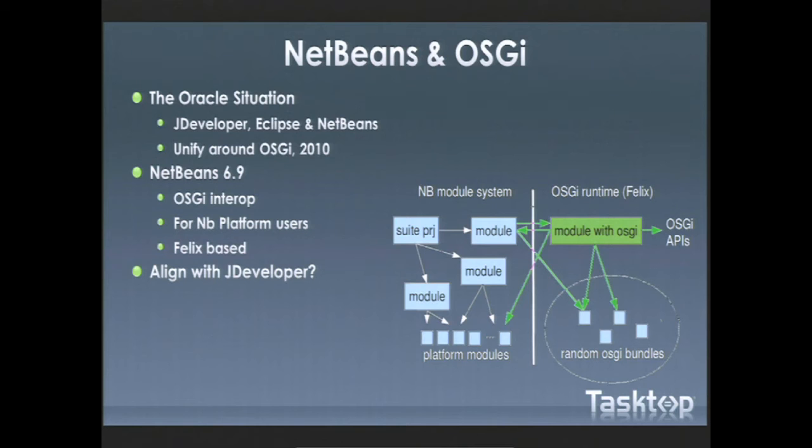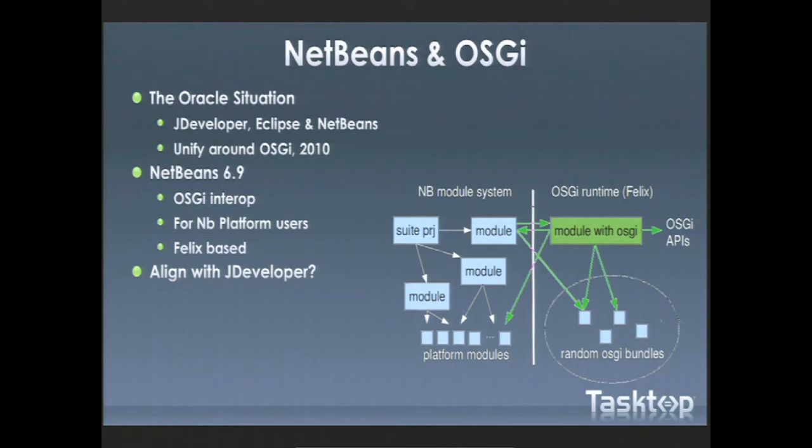But I said, okay, maybe we could convince them to rewrite to OSGi, and then make sure that NetBeans supports OSGi as well, and somehow we could then merge those projects slowly.